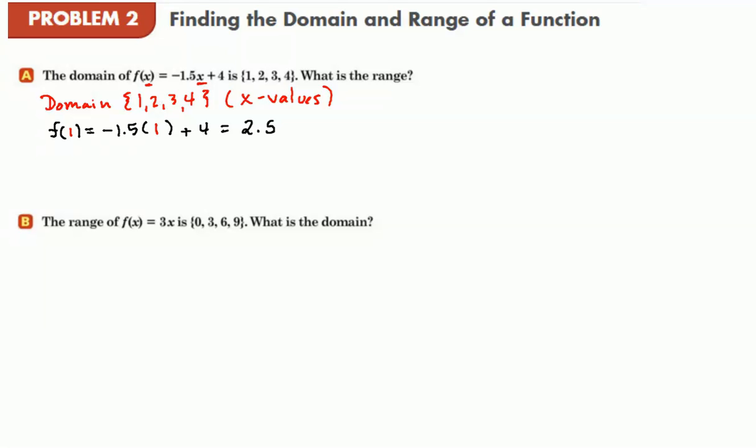Now we're going to go ahead and plug in 2. So f of 2 is going to equal negative 1.5 times 2. Negative 1.5 times 2 is negative 3. Plus 4, or negative 3 plus 4, is going to give us 1.